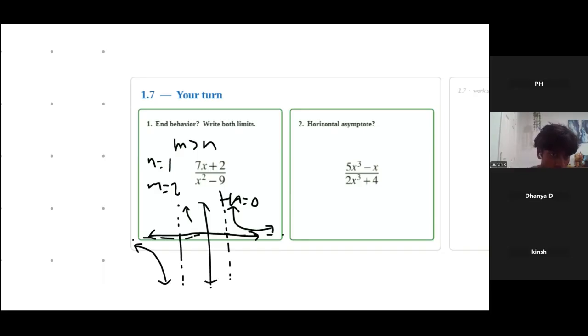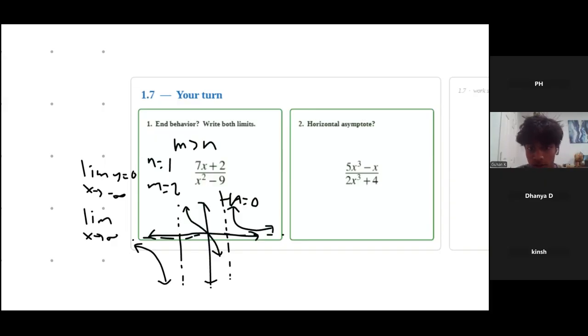So you can write limit x to negative infinity, y equals 0, which is our horizontal asymptote, and limit x to infinity, y equals 0. So those are our two limits.